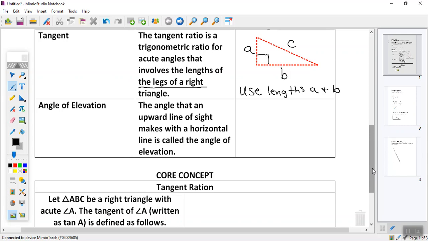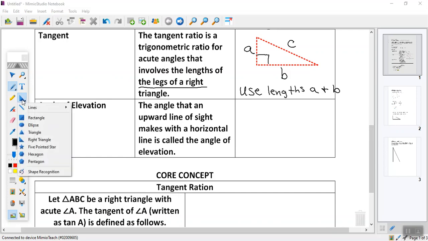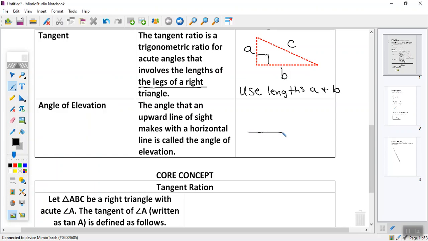Angle of elevation is like this. If you had a horizontal line right here, like so, and I said look straight ahead, you would assume your line of sight is horizontal, right? So this might be your line of sight.